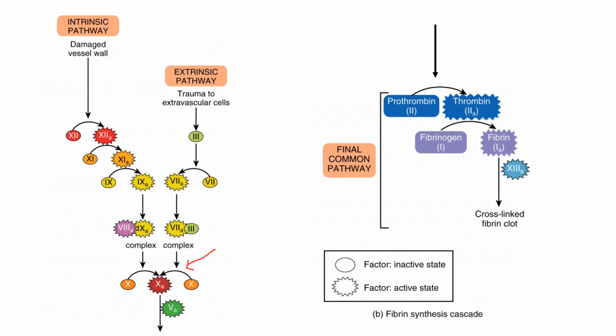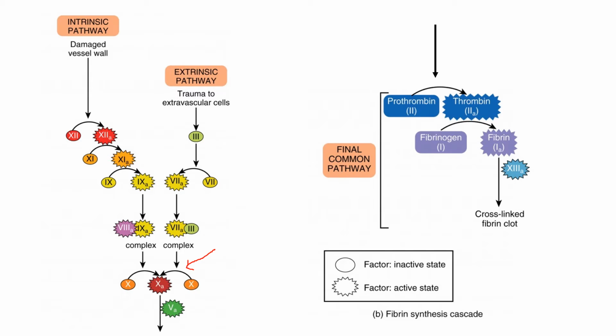So there you will see that the complexes will be actually combined in a certain level, for them to be able to produce the clotting factor 10, and then it will be synthesized again by the clotting factor 5. So in the common pathway, you have prothrombin 2 that will be synthesized to thrombin 2A, and then fibrinogen to fibrin, and then it will be synthesized by 13A.